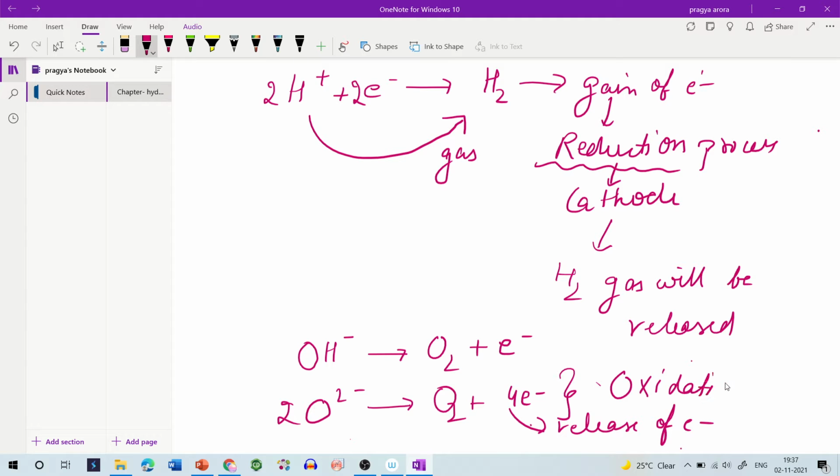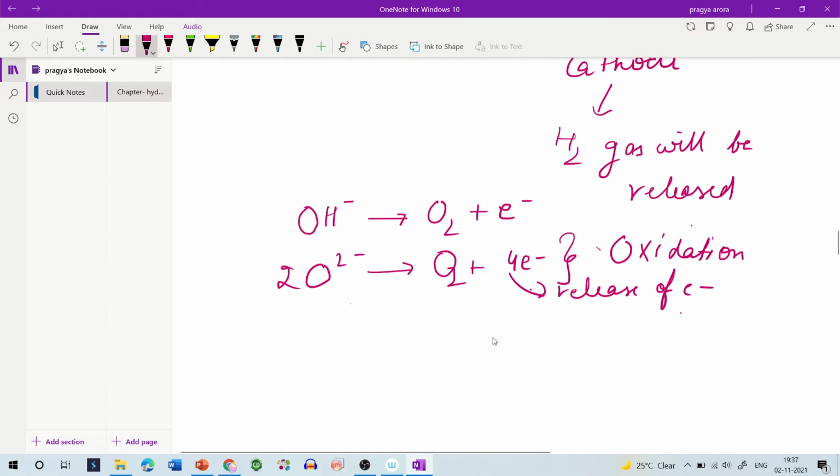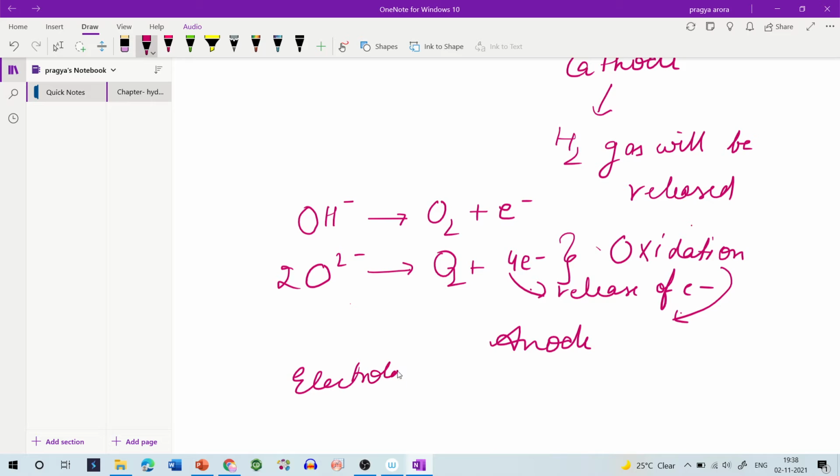Gain of electrons is called reduction, while the release of electrons is called oxidation. Since oxidation happens on anode, during electrolysis of water, oxygen gas will be released at the anode.